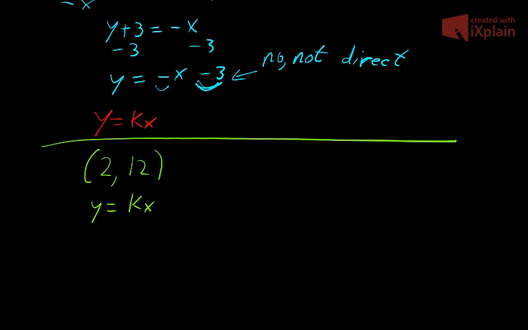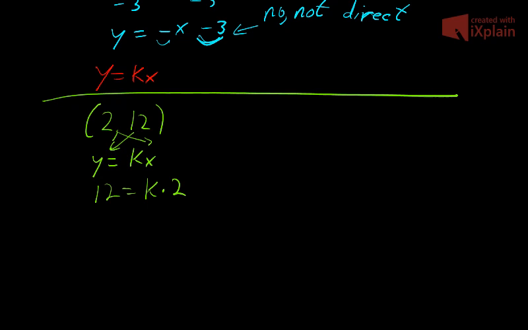So if you're ever given a point and told specifically that it's direct variation, what you can do is plug in 12 for y and 2 for x. So I would get 12 equals k times 2. Then I just solve for k, and dividing both sides by 2, I would get that 6 equals k. So if 6 is k, I can write my whole equation as y equals 6 times x. And that would be how I can write an equation from just one point, knowing that it's direct variation.